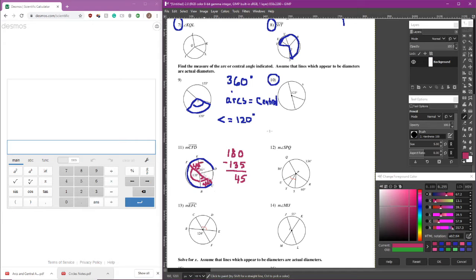And now you know everything that you need to add up to be able to find all the way from C to F to D. So adding 45 plus 45 is 90 degrees. And then take 90 and add that to the remaining angle, which is 135.